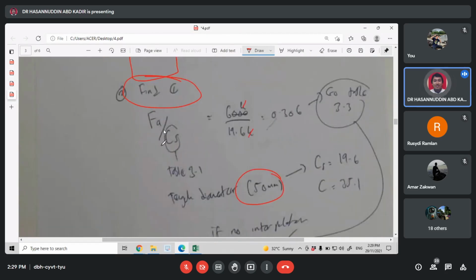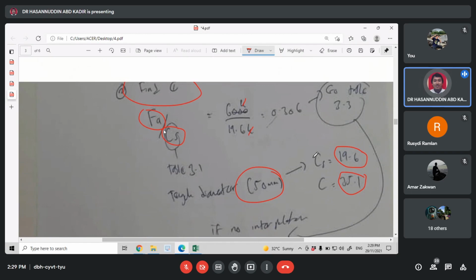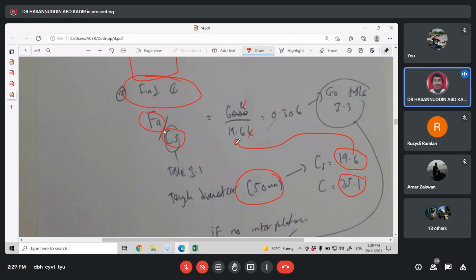To find E, we need to apply FA over CS. Here FA is radial, and CS you can get from the table. We get CS as 90.6 and C as 35.1. You put the values here, and don't forget the K for kilonewton. So you can get the value of FA over CS.